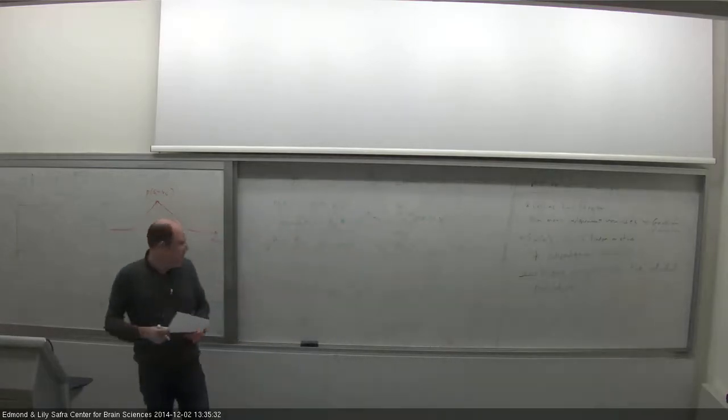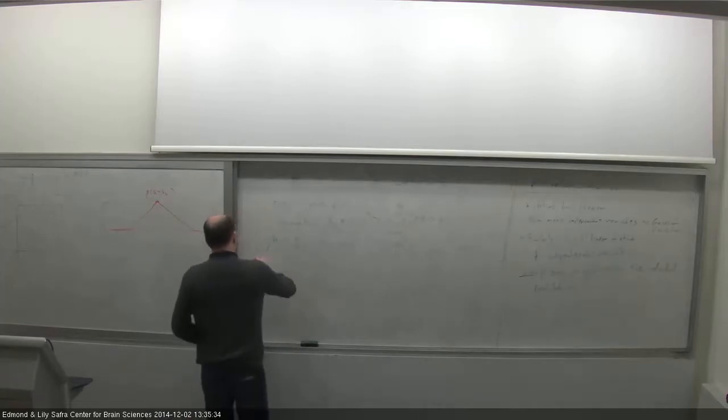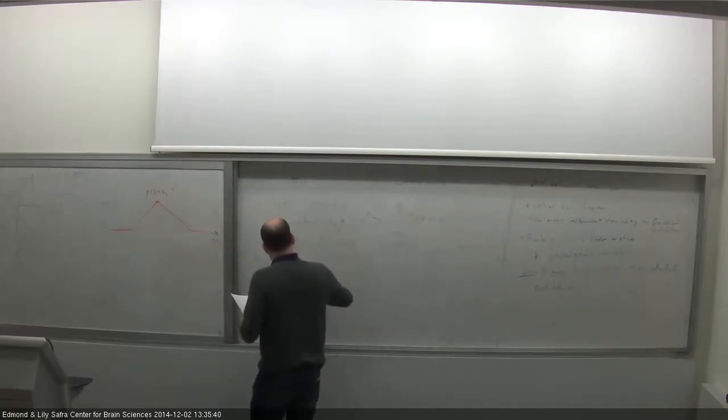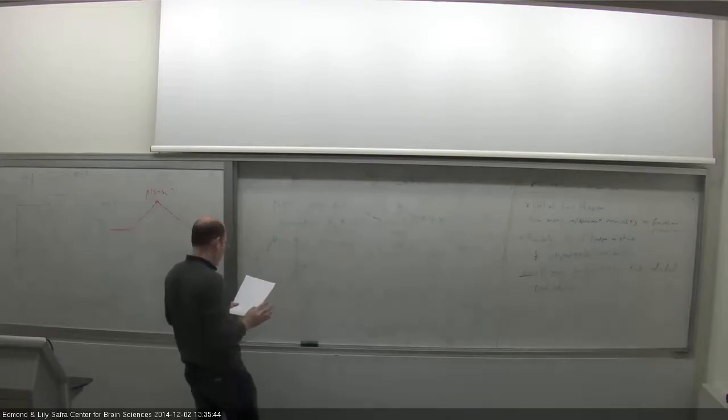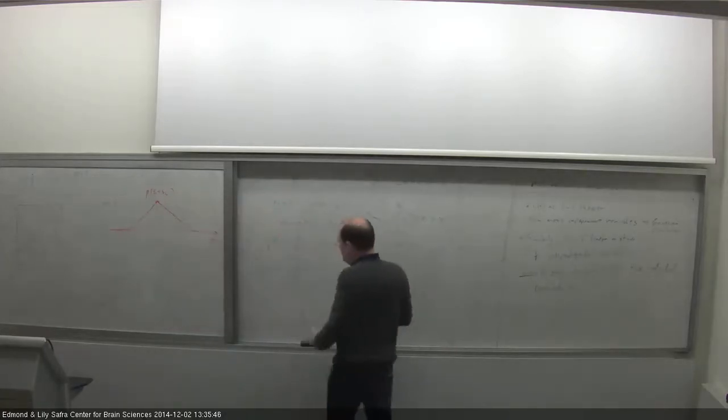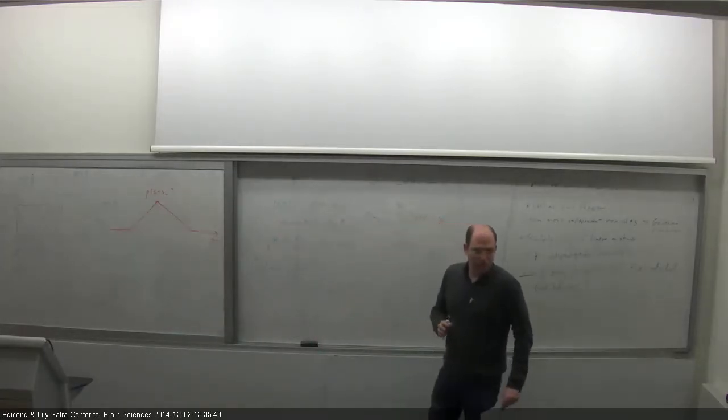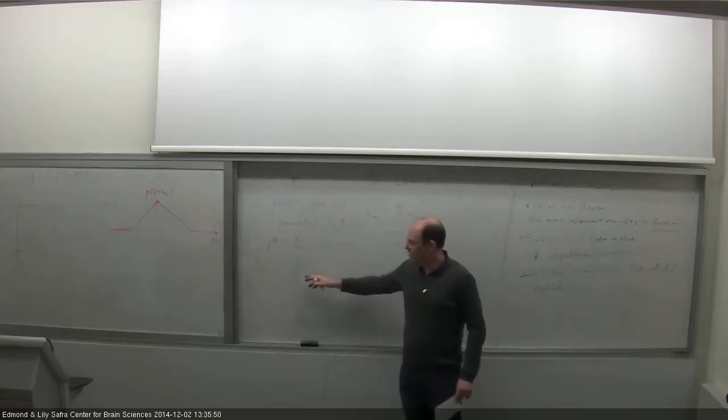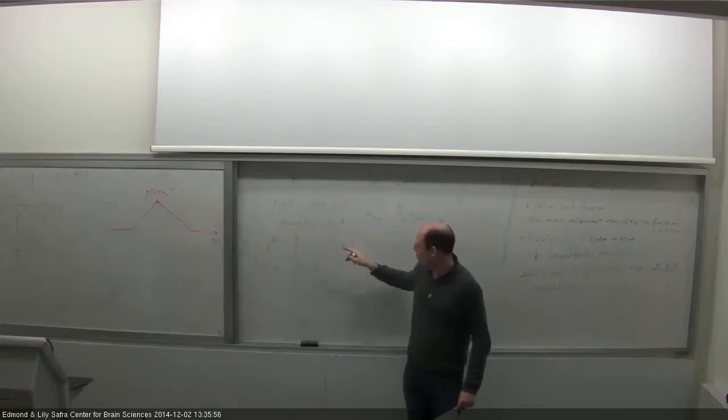Now, it's convenient to define a function which is a function of a different variable. It's a function of a variable that I will call t. And this function is defined by the fact that the coefficients of the Taylor expansion of this function around 0 are the moments of this distribution.